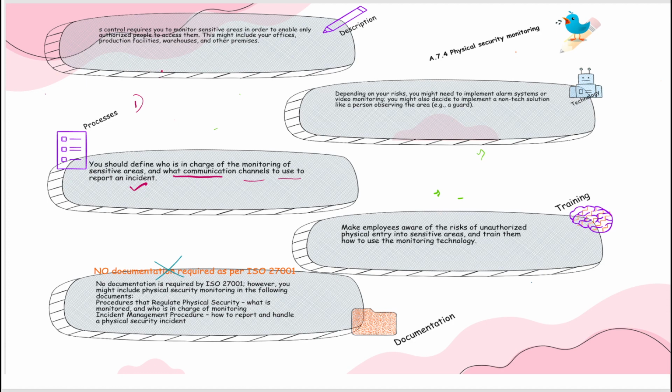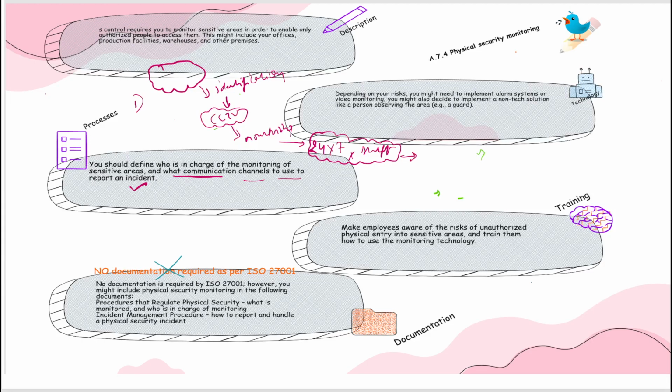Once you have identified a sensitive area, and CCTV cameras are installed, for example, then somebody is monitoring based on this sensitivity and need. You say it needs to be monitored 24/7 or in shifts, as per the criticality.